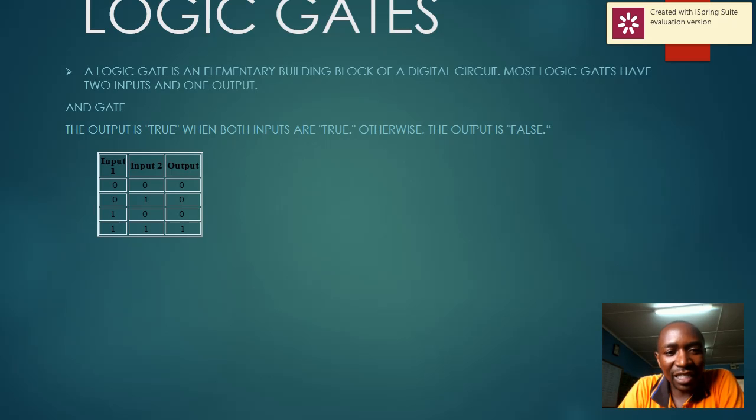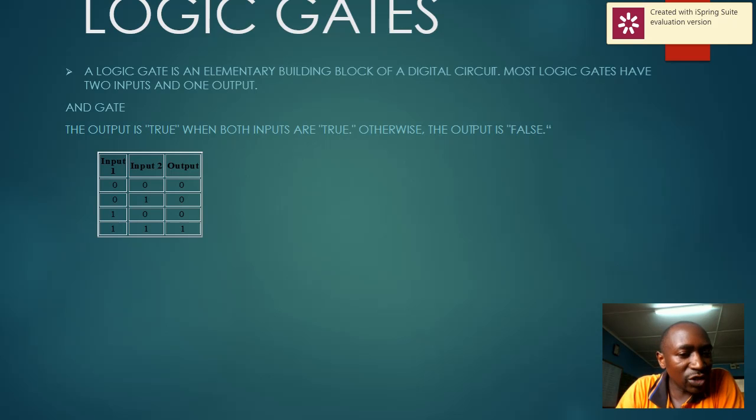Definitely there the output is false, because the inputs are false. Now we have input 1 as 0, input 2 is true. In this case, they do not match what the rule says, because the rule says the output must be true when both inputs are true. So the output is 0, or false.